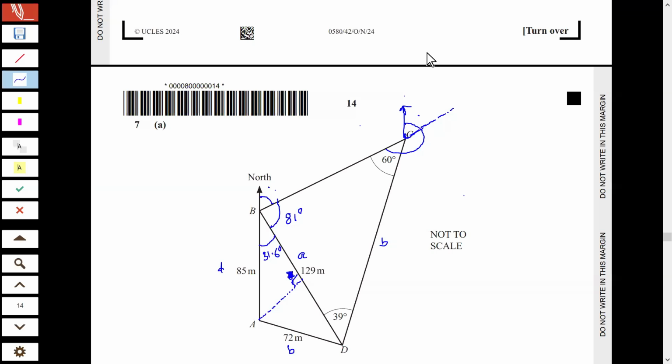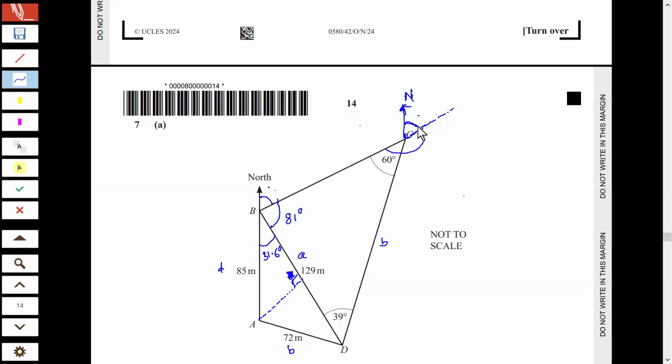Question 7V. Find the bearing of B from C. The bearing of B from C is going to be this bearing from the north. We're counting from the north.